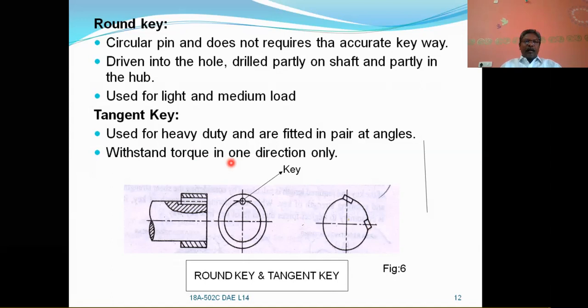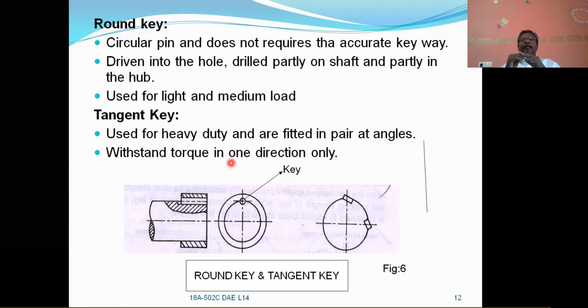And then the Woodruff key, round key, and tangent key. These are all different types of sunk keys. In these, all require a keyway in both the shaft and the hub.